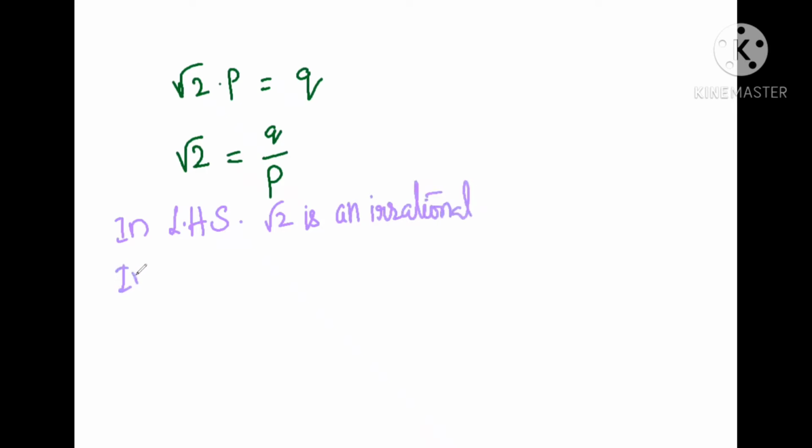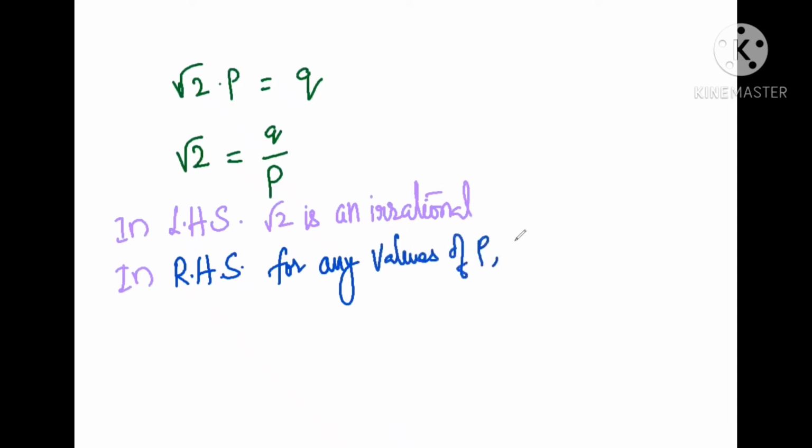In RHS, for any values of p comma q, q by p is a rational number. This is not irrational. This is a rational number.